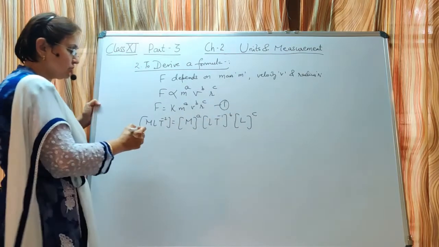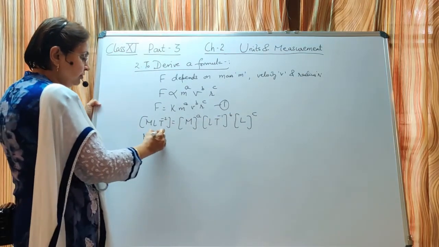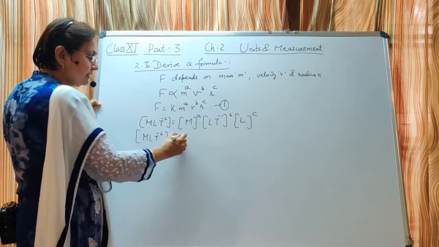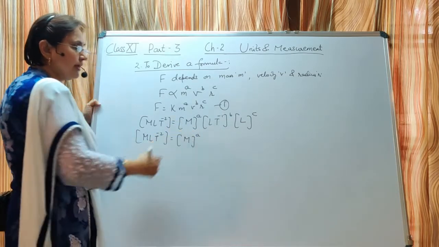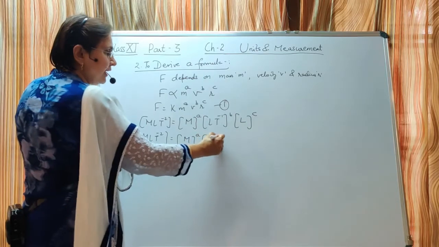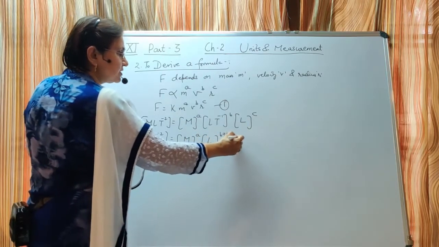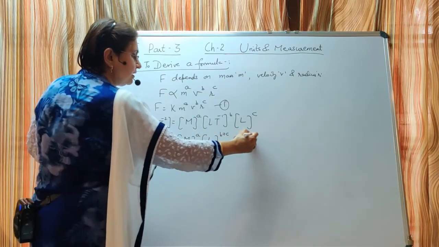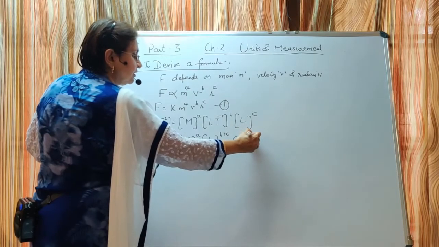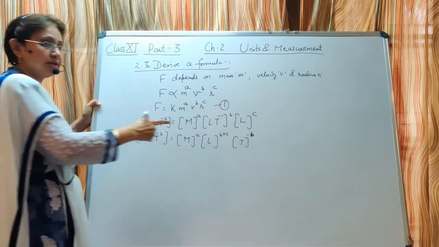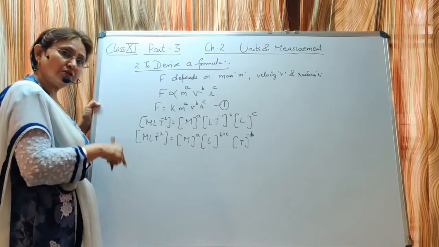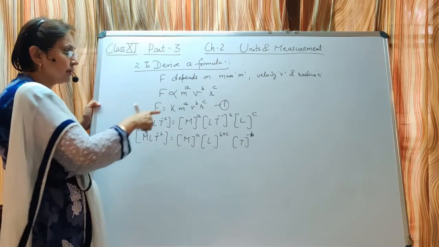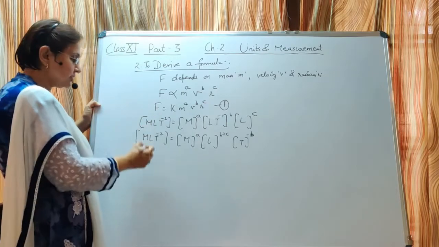So L raised to the power C. Now the next step is to collect the power of M, L and T on the right hand side. So M is raised to the power A, L is raised to the power B plus C and T is raised to the power minus B. So here equating the powers of M, L and T we will get 3 equations. We'll solve those 3 equations to get A, B and C and substitute in this equation.